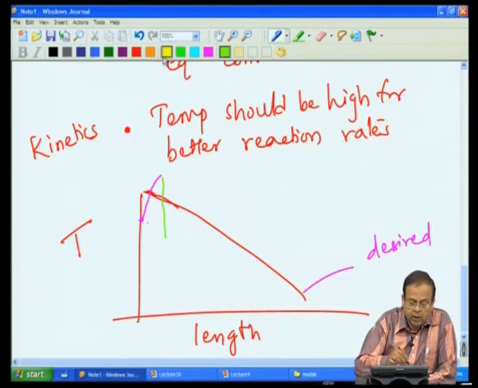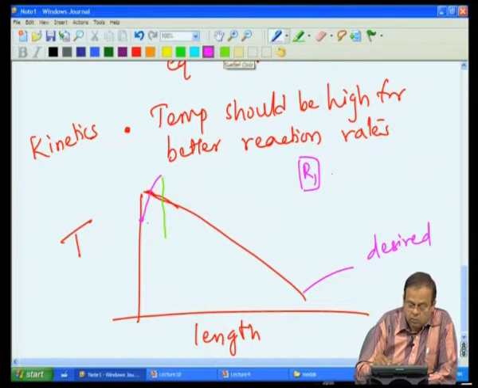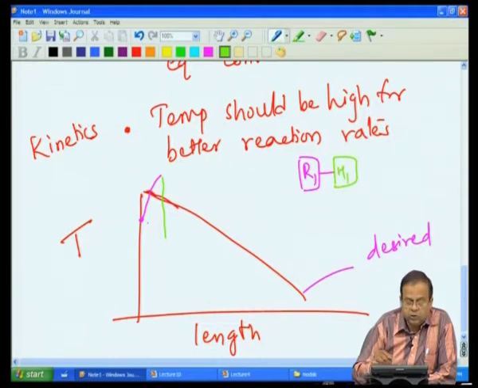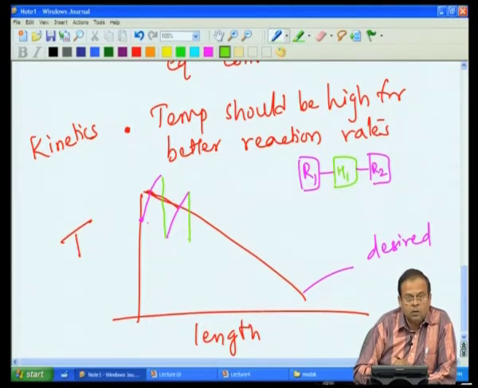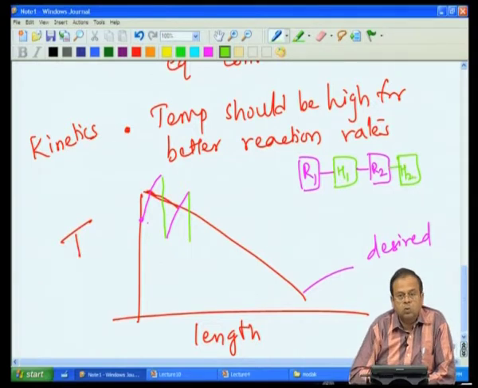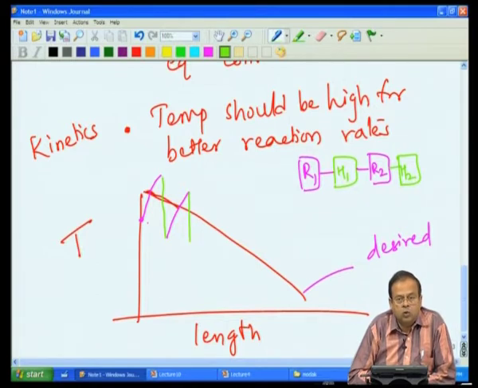Okay. So, my reactor operation would look like R1, followed by heat exchange unit H1. Then once again another reactor, an adiabatic reactor, R2 followed by H2 and so on.